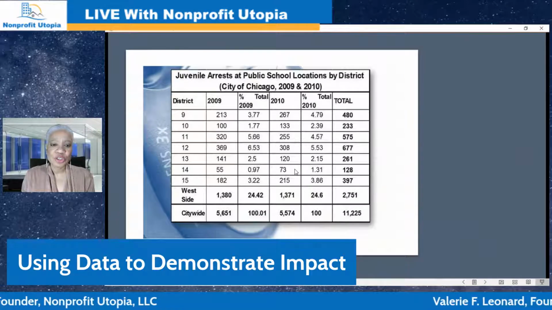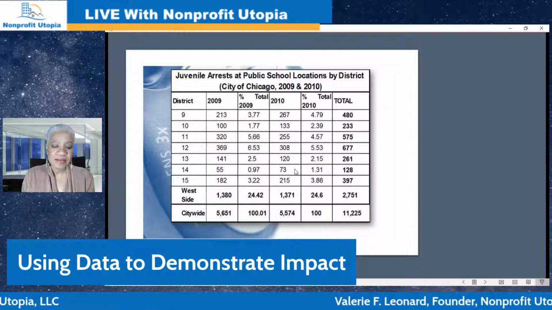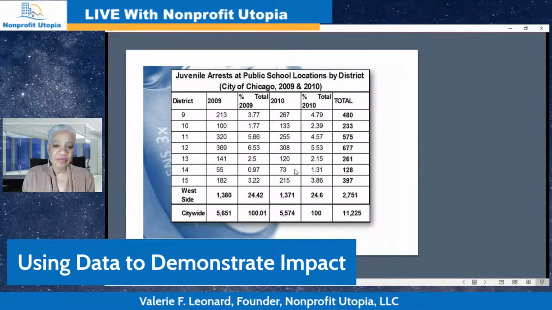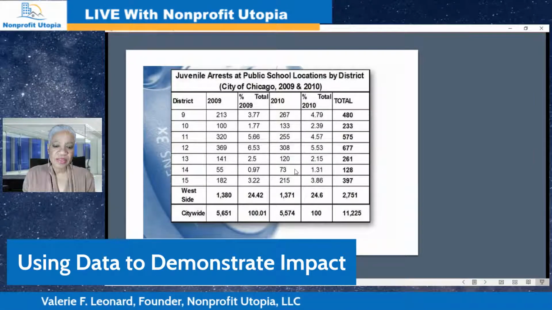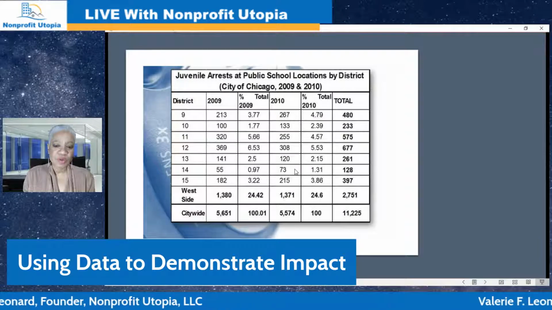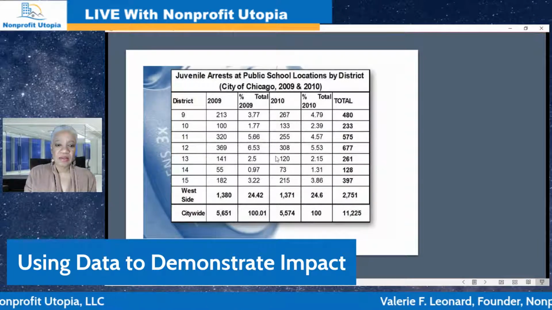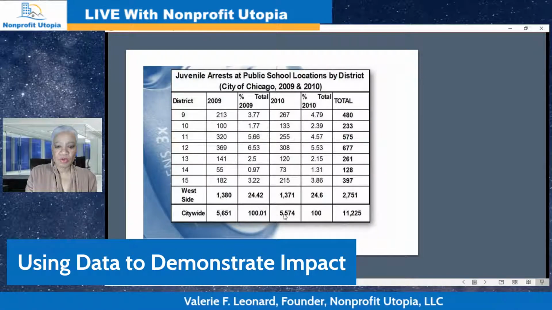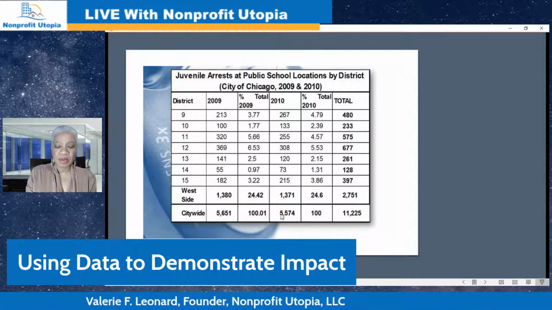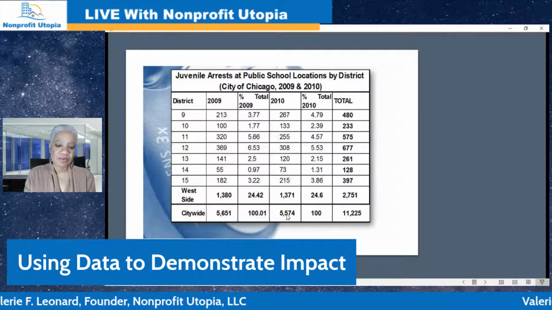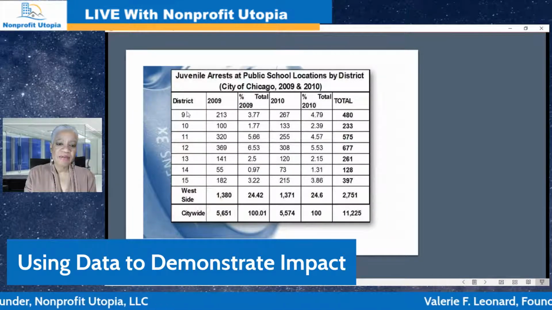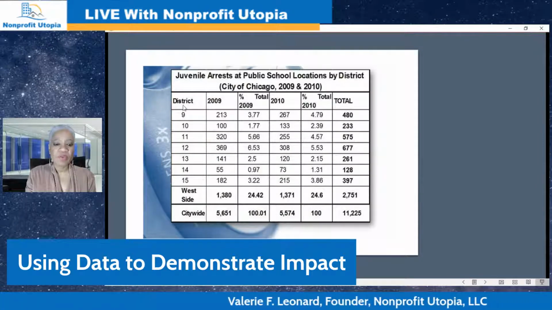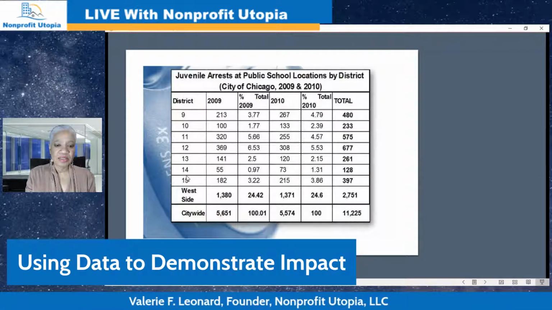And when we look at the juvenile arrests, we found that citywide in 2009, there were 5,651 juvenile arrests. And then in 2010, that number had gone down to 5,574. So what you have here is these are the police districts for all of the West Side police districts.